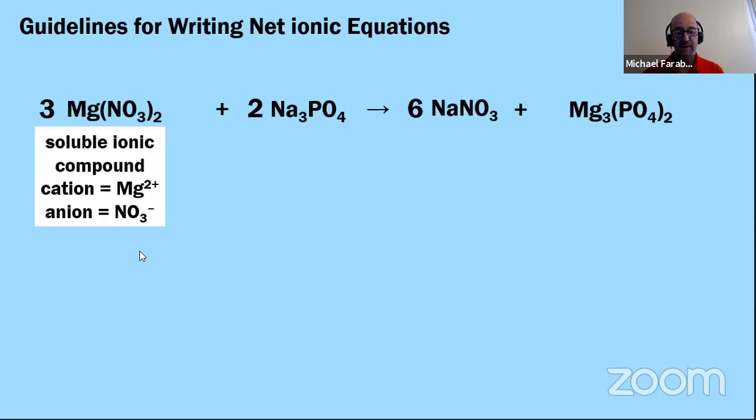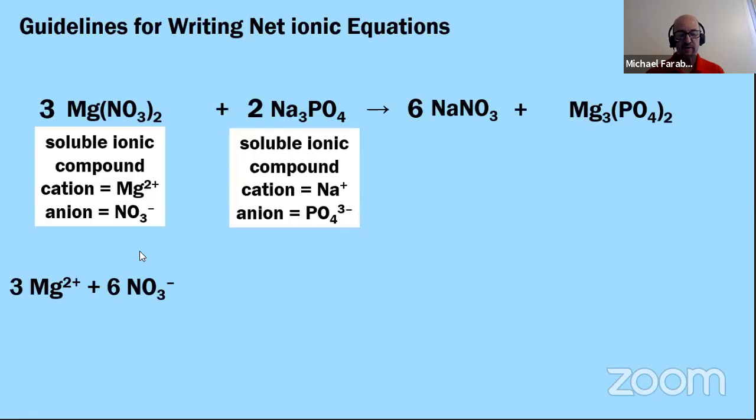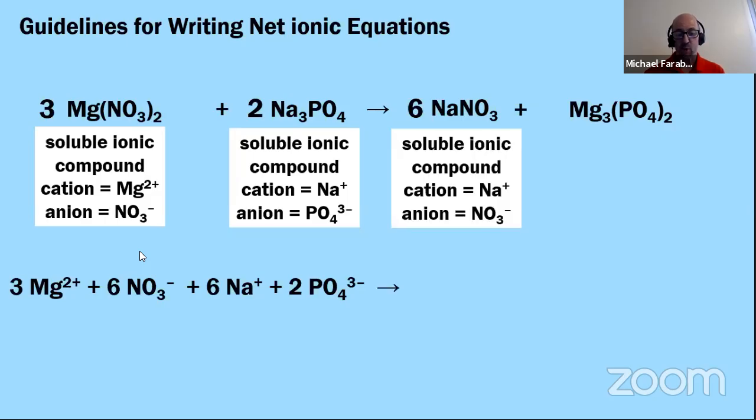That will be 3 magnesium ions and 6 nitrate ions. Then we have sodium phosphate, also soluble. We have 6 sodium ions and 2 phosphate ions. On the right side of the equation, we have a soluble compound that's going to be 6 sodium ions and 6 nitrate ions.